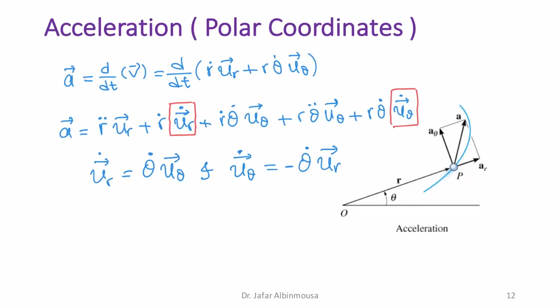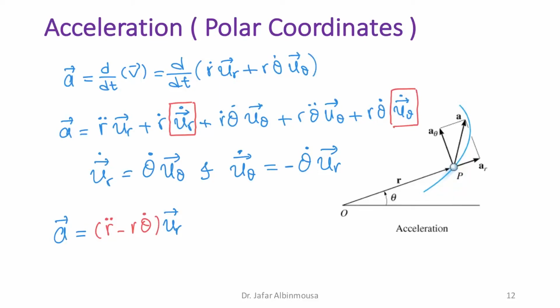Now if we substitute this, we get the acceleration vector equal to r double dot minus r theta dot squared times ur.